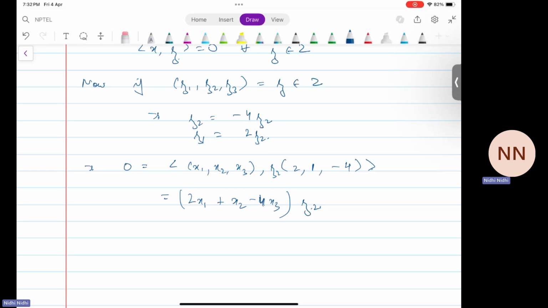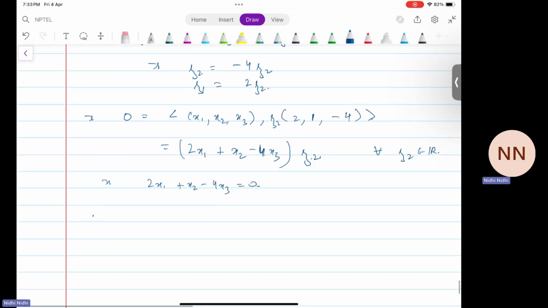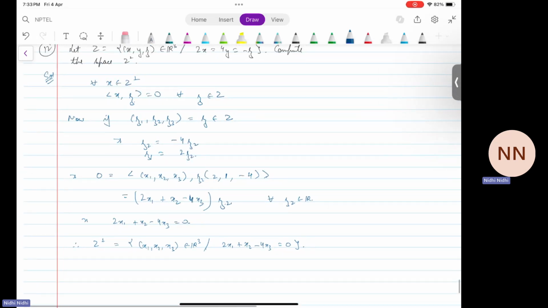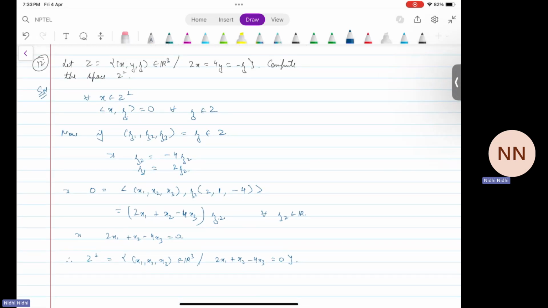Now, since z belonging to Z is arbitrary, this happens for every z2 in R. This implies 2x1 + x2 - 4x3 is equal to 0. Therefore, Z perp is the set of all those points in R3 such that 2x1 + x2 - 4x3 is equal to 0. I hope this solution is fine. If you have any doubt, you can ask.